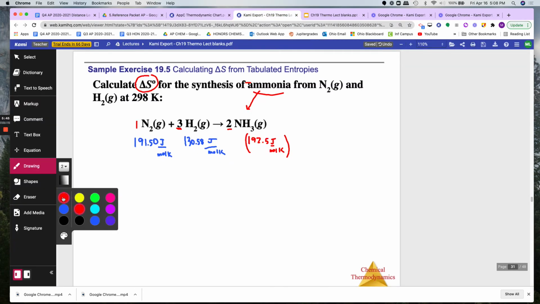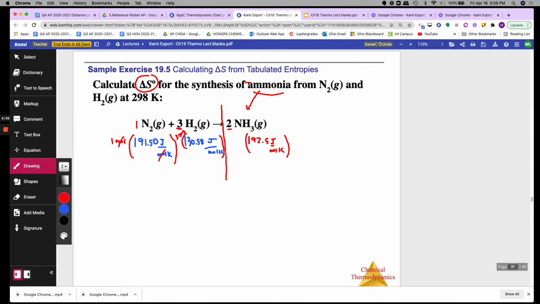Once you have those numbers, I'm going to draw a line here. I'm going to multiply them by the number of moles. So you're going to multiply this by 1 mole, and the moles will cancel here. You're going to multiply this by 3 moles, and the moles will cancel. And you're going to multiply this with 2 moles, and the moles will cancel.